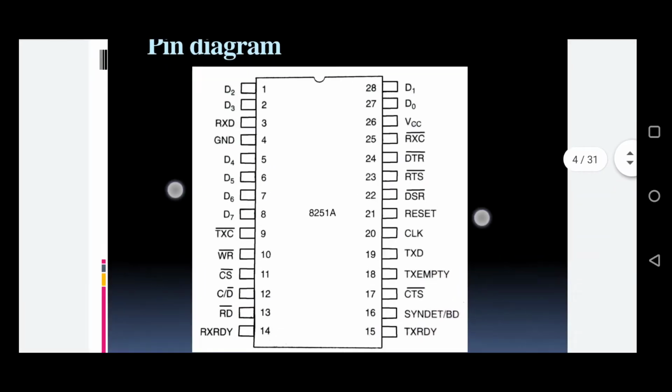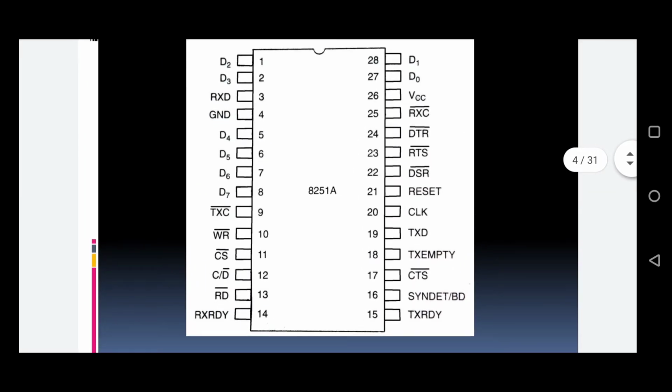See the pin diagram. The important pin is C/D, the 12th pin. This pin will decide the operation, either the 8251 is accessed by the CPU for control or for data.